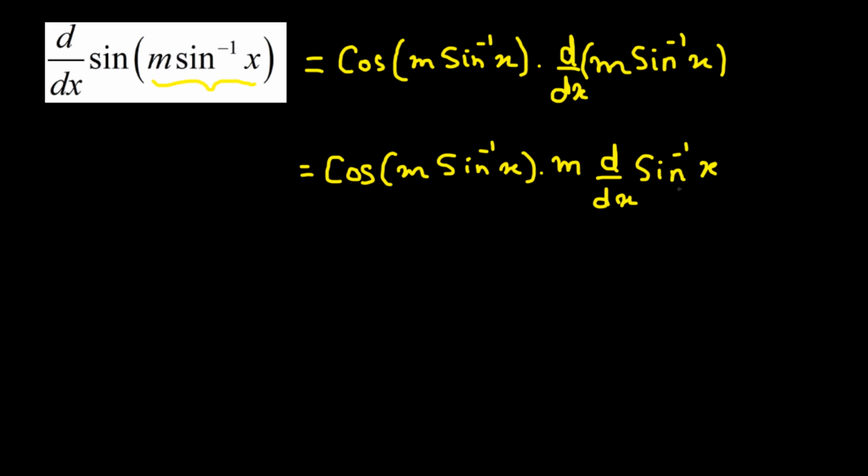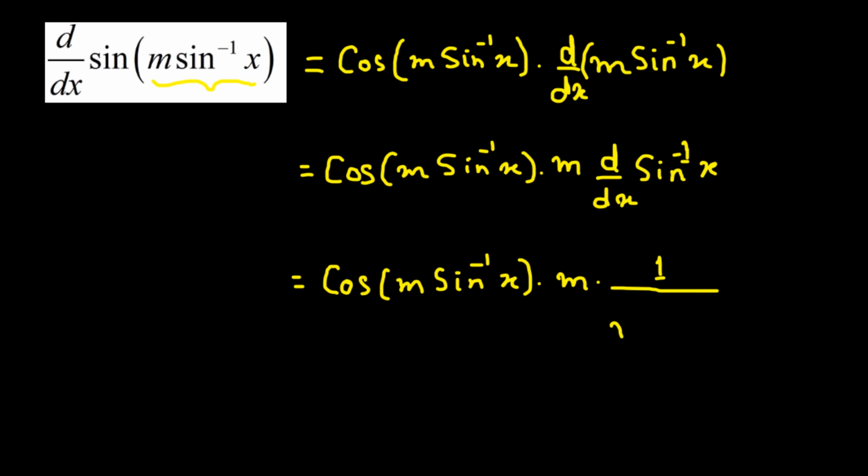Now we have a result for the derivative of the inverse sine function. So that is cosine m times sine inverse of x multiplied by m times, so the derivative of the inverse sine function is 1 over the square root of 1 minus x squared.